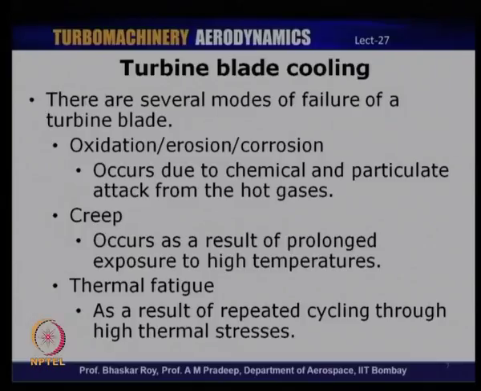So, I think I mentioned in a couple of slides earlier that a turbine blade will undergo variation in temperatures, in the sense that the combustion chamber is operating at a certain temperature, the combustion products eventually pass through the nozzle and then subsequently to the rotor, and if there are subsequent stages, obviously through those stages as well.